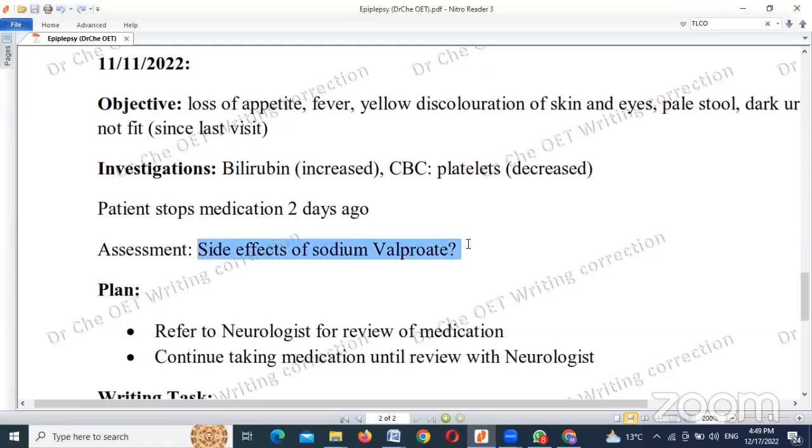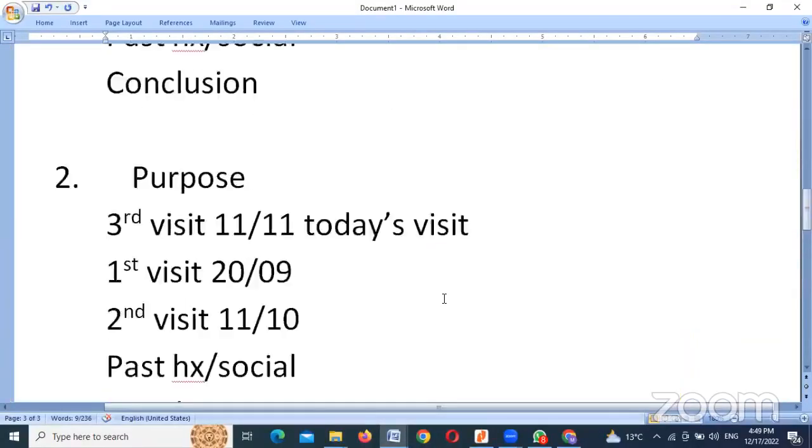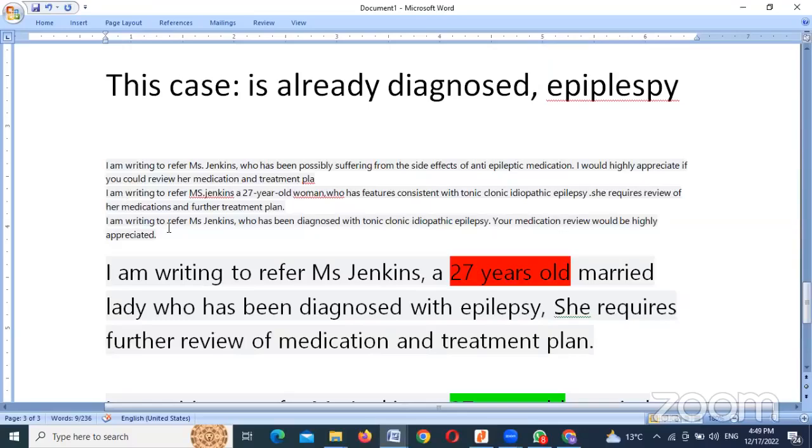So the patient is having some side effects of the medication. We don't need to mention the name of the medication in the purpose. Okay. So now let us see here if any of them has written something similar.